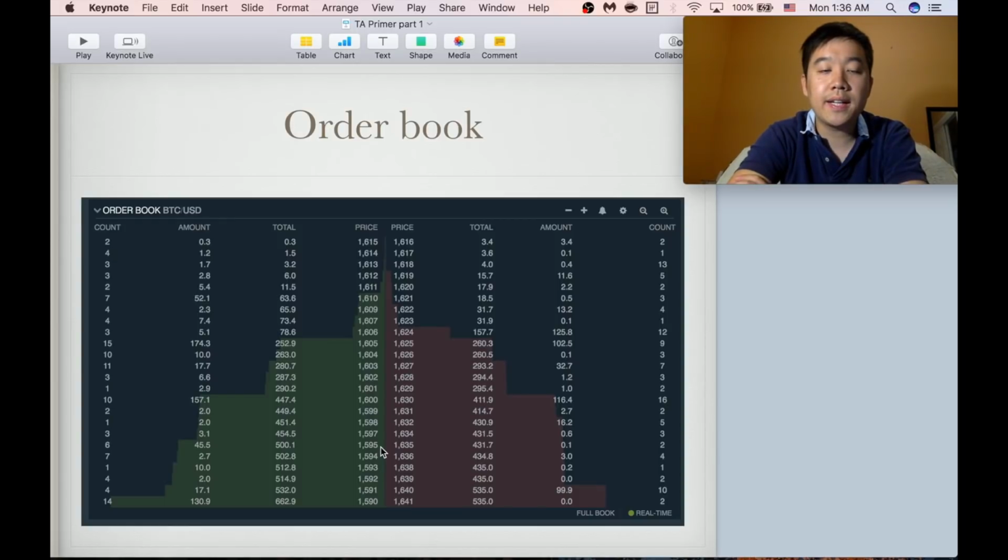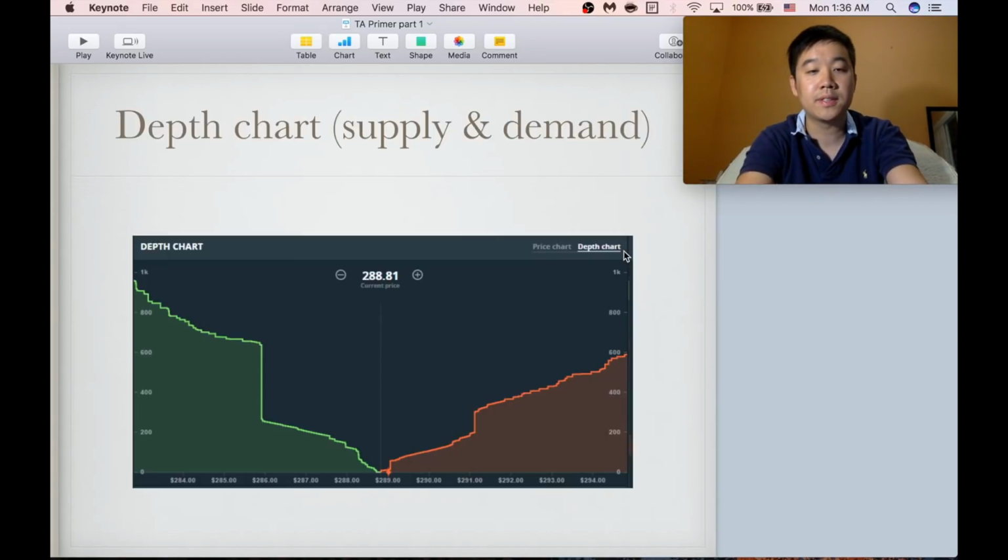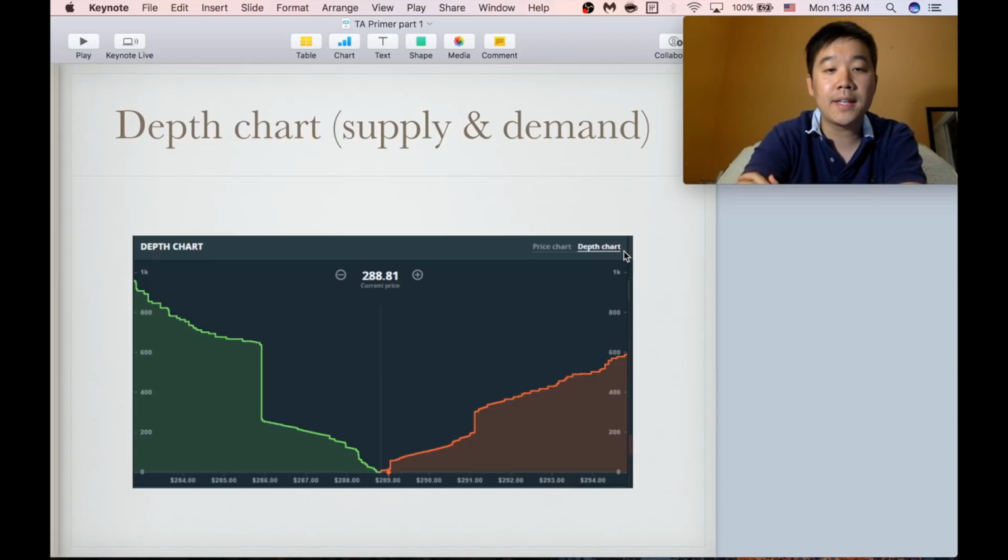The order book is an always present part of TradingView. It basically tells you the price of the coins and how much people are willing to buy or sell at that certain point. Now, I mentioned the order book because the depth chart is a visual representation of this. It gives you a visual way to look at supply and demand at various prices. You can see big buy walls at certain prices, or sell walls.